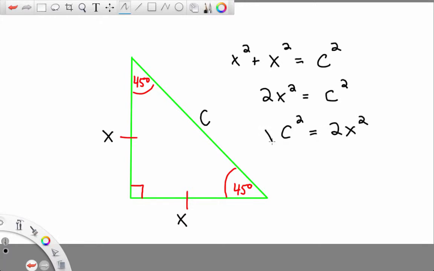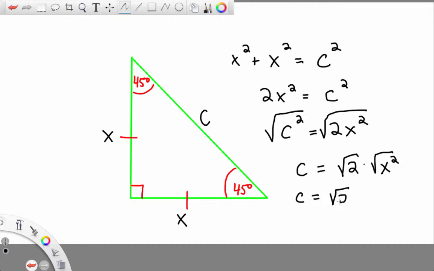And at this stage we take the square root of both sides. And on the left, the square root of c squared becomes c. And on the right, we are left with root 2 times root x squared, which simplifies to root 2 times x, since the square root of x squared is x.